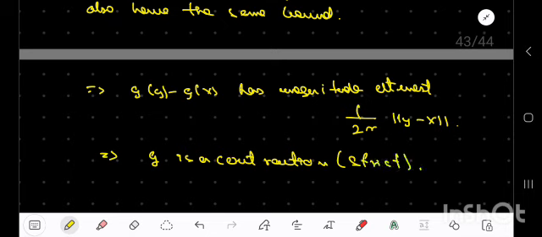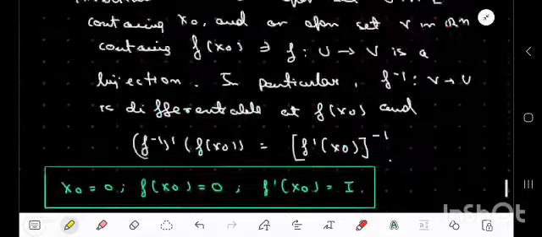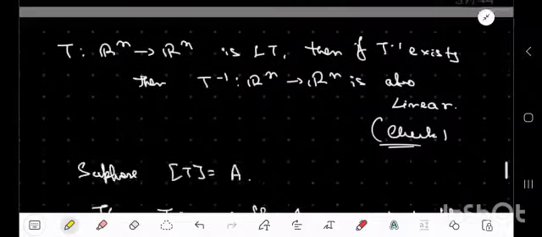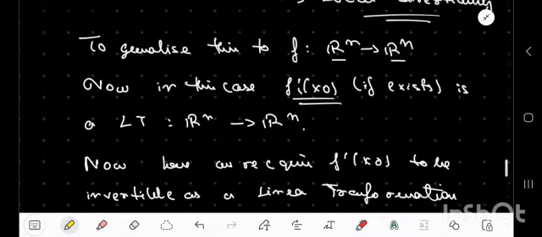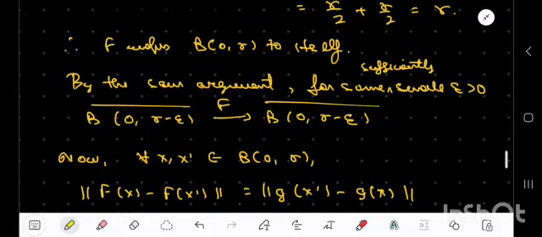Now recall that in the previous lecture, when we studied the contraction mapping principle, we had a corollary which I said would be used in the inverse function theorem. Let us go back there.